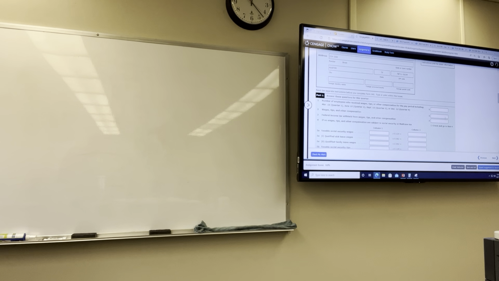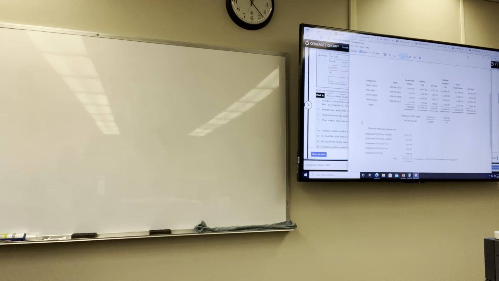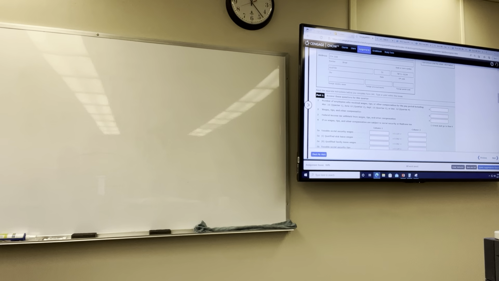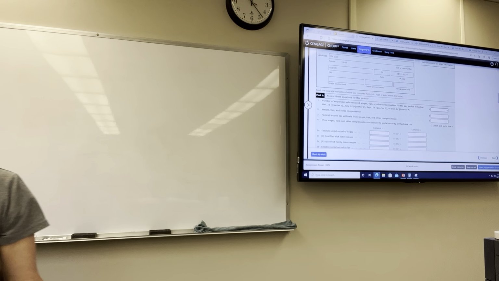How many employees received wages, tips, or other compensation during the quarter? Remember, now we'll assume they were employed the entire time, and so they were there March 12th, receiving a paycheck. So what number do I put here? 4. Excellent.